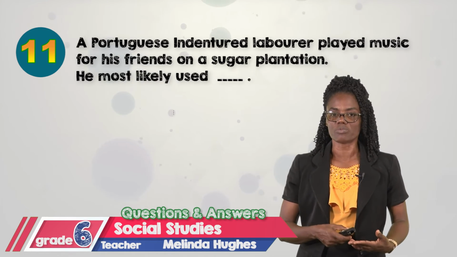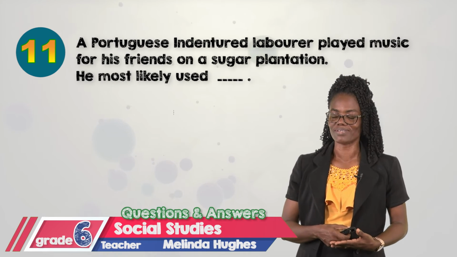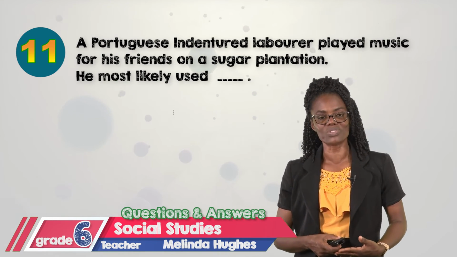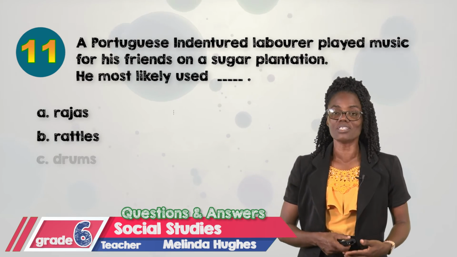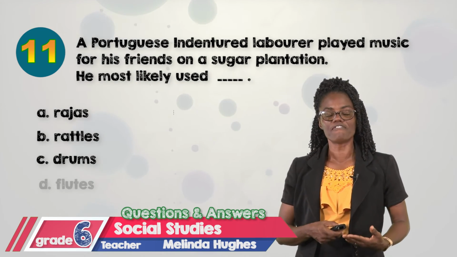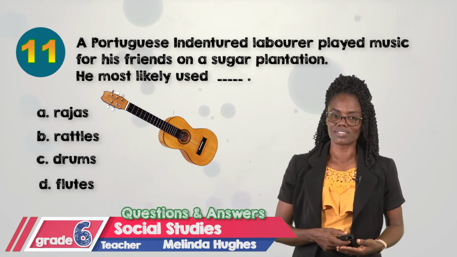Question 11. A Portuguese indentured laborer played music for his friends on a sugar plantation. He most likely used A, rajas, B, rattles, C, drums, or D, flutes. The answer to question 11 is rajas.